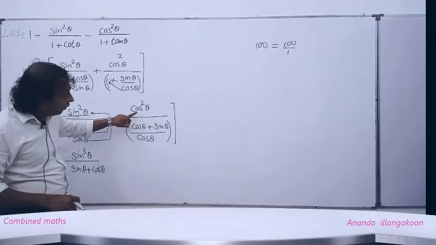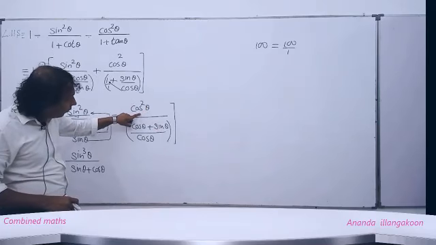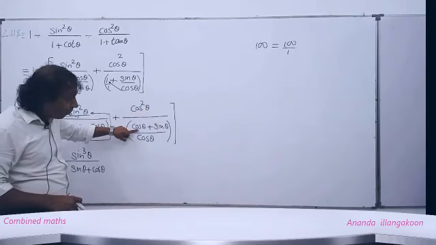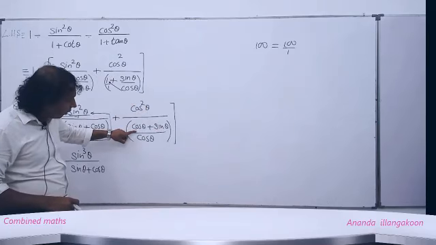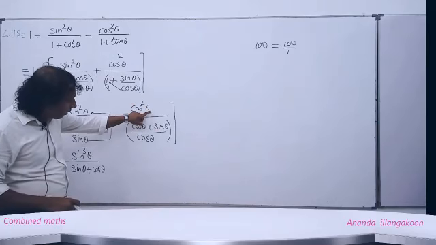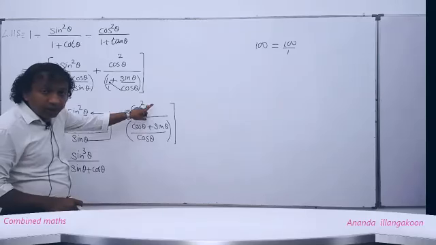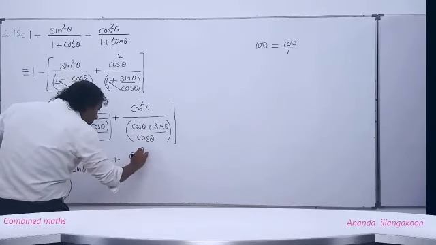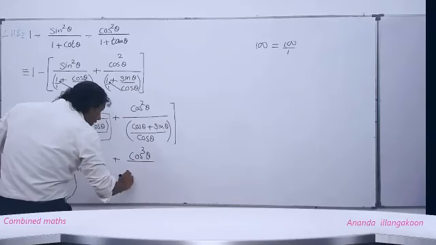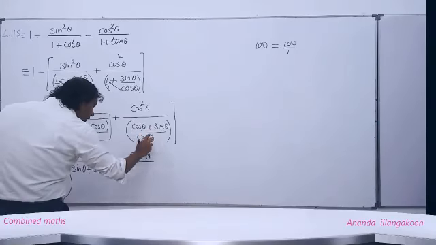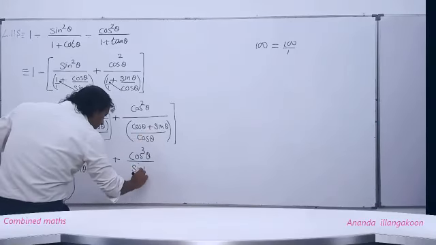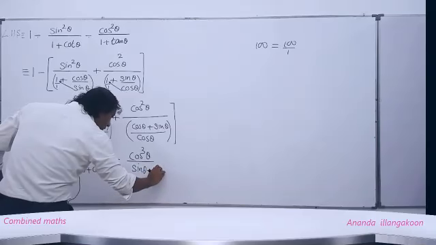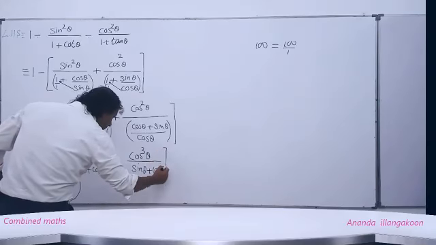And then we get, what, people? Cos cube theta divided by this cos theta plus sin theta, I can write as, people, sin theta plus cos theta. You know that one, no? Up to here we came.